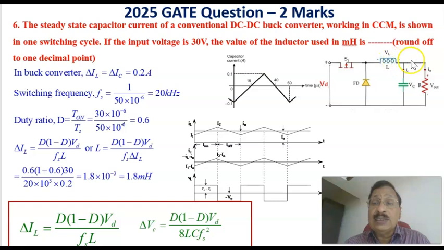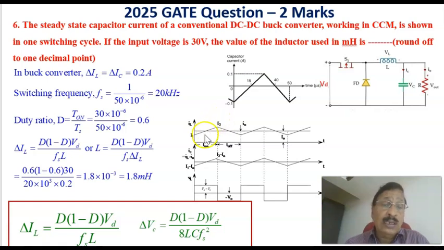If we assume a constant load current, it is added to this capacitor current. Therefore, the inductor current is the summation of the load current and the capacitor current.